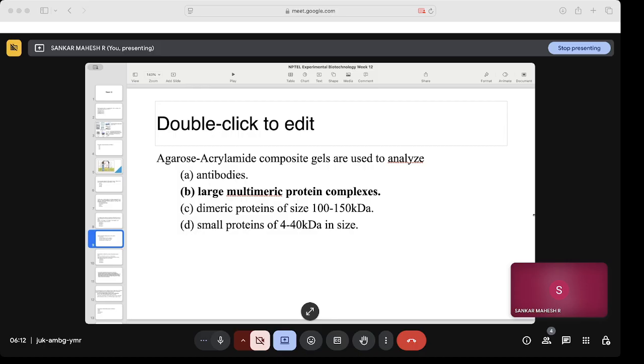5%. So if your stacking is 5%, can your resolving be 3%? Yes, sir. It can be. But why will it be? What I'm trying to tell you is, in your stacking gel you are trying to sandwich it.